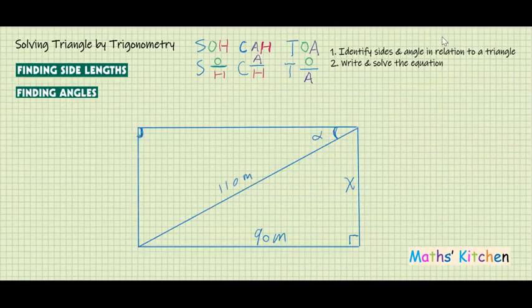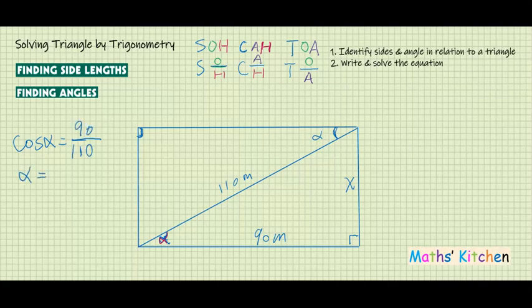Now let's see the last question. In this rectangle, can we find the missing angle alpha and the missing side x? Because this is a rectangle, alternate angles are the same. To find this angle, I can use the trig function cosine. Now I make this equation: cosine alpha equals adjacent, which is 90 meters, over 110 meters.